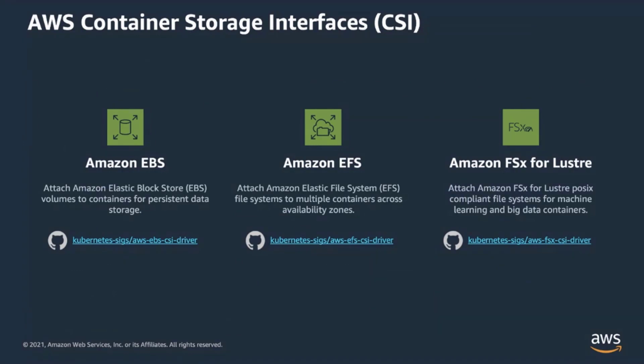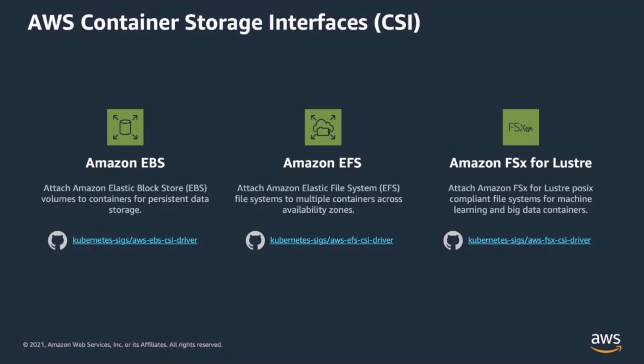Customers looking to migrate stateful applications to EKS will want to investigate the use of CSI drivers listed on the slide here. First, a little background on CSI. The Container Storage Interface, or CSI, is a standard for exposing block and file storage to containerized applications on Kubernetes. Using CSI, customers can deploy storage plugins to expose additional storage systems in Kubernetes.